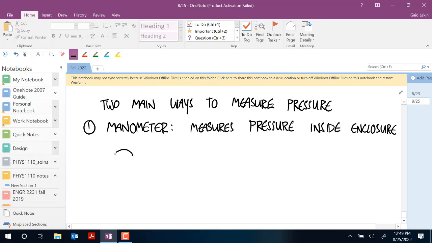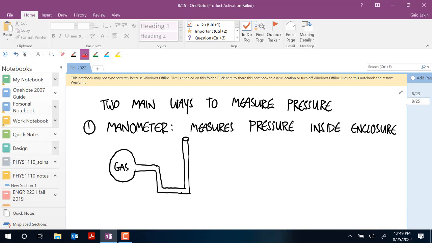If this is your enclosure and this is the gas that you're trying to measure the pressure for, and you have this open tube and the top is open, and you have a fluid inside here, and that fluid is chosen based on its density for whatever purpose you're using this for.